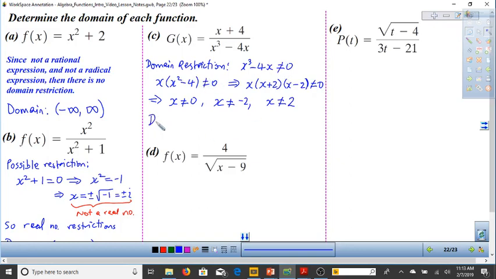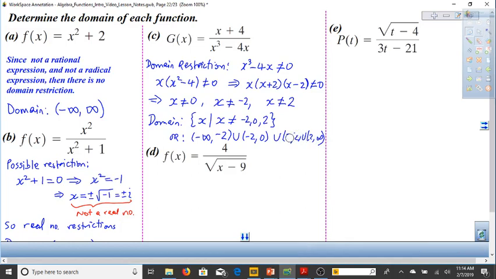So the domain then is the set of all x's that are real numbers, of course, such that x is not negative 2, 0, or 2. In interval notation, we can write that as negative infinity to negative 2, union negative 2 to 0, union 0 to 2, union 2 to infinity.